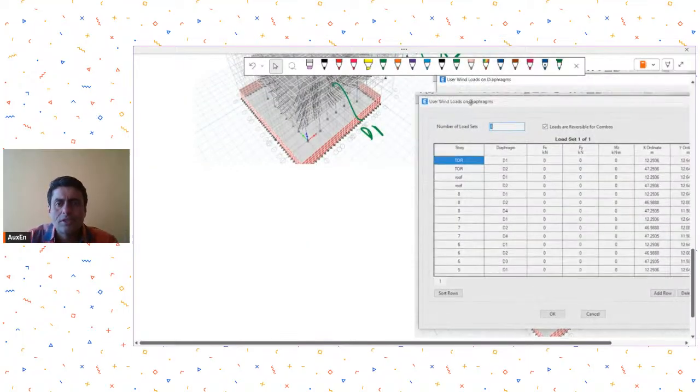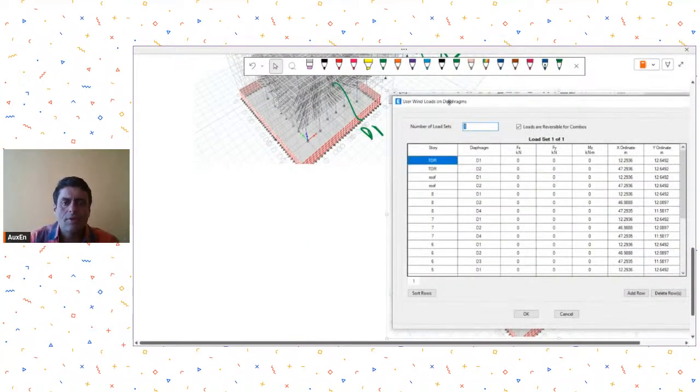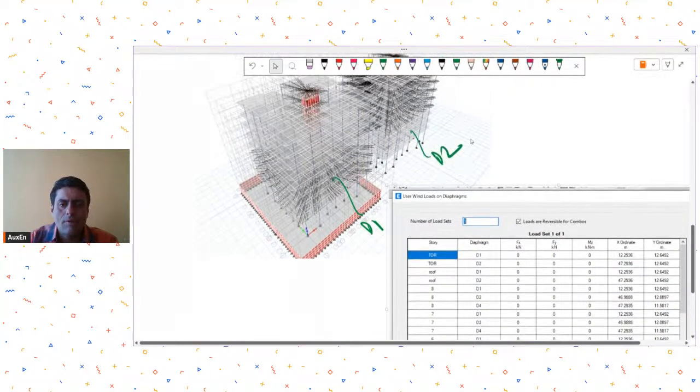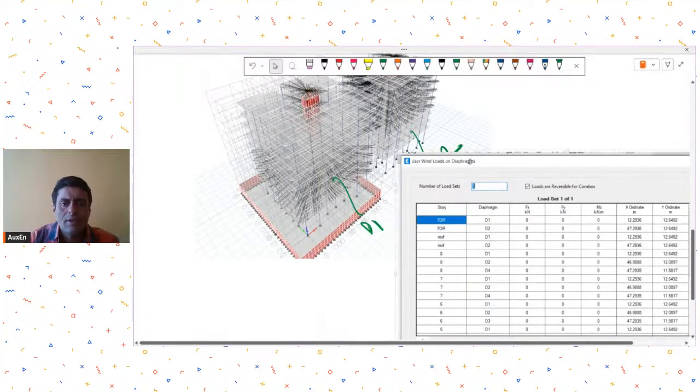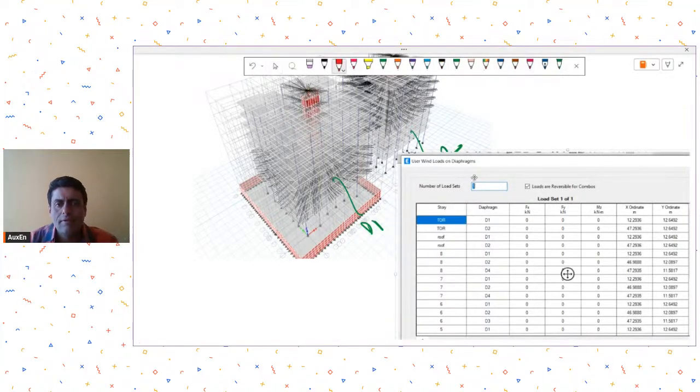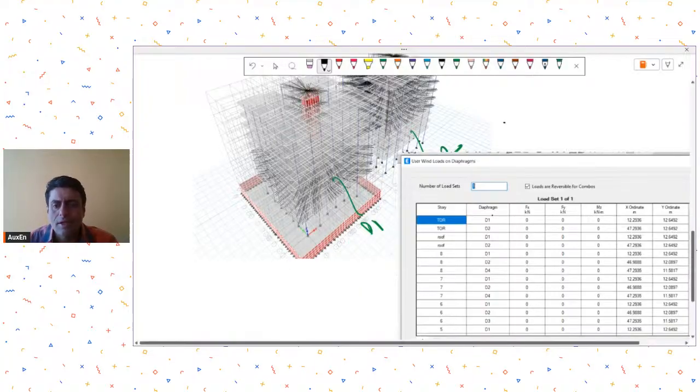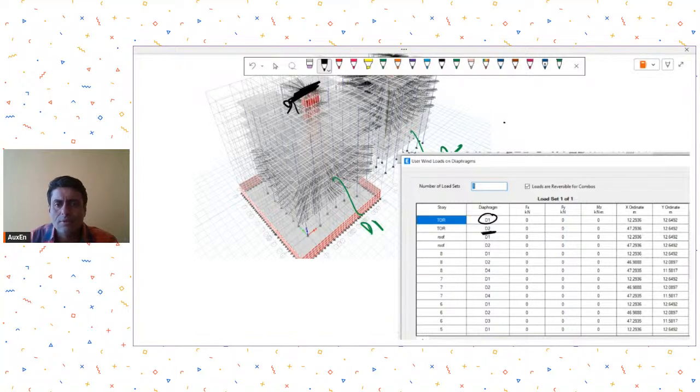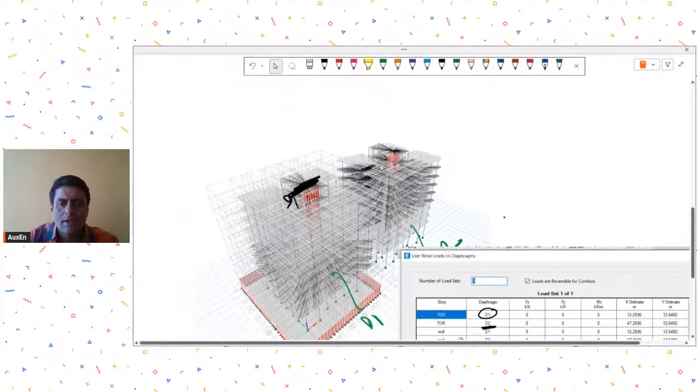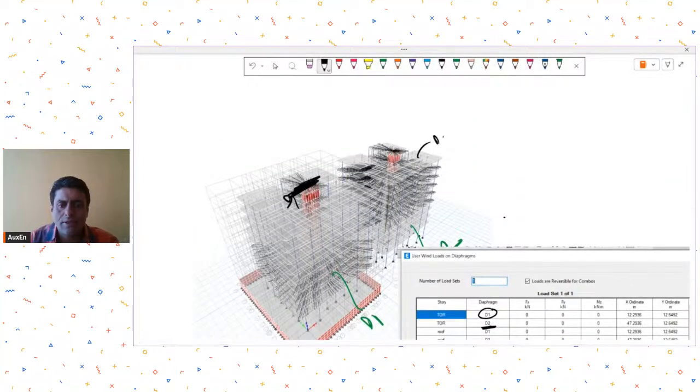Do you see the screenshot? On top of the roof, for example, you see a diaphragm D1 and a diaphragm D2. I hope you are able to see. This diaphragm D1 is what we have assigned in this tower, and D2 is for the diaphragm on the adjacent tower.